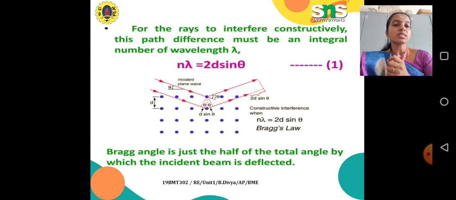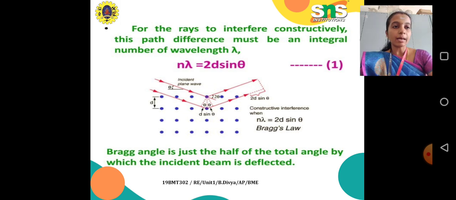Bragg's angle is just half of the total angle by which the incident beam is deflected. It is not the full angle of the incident beam; it is just half of the total angle.